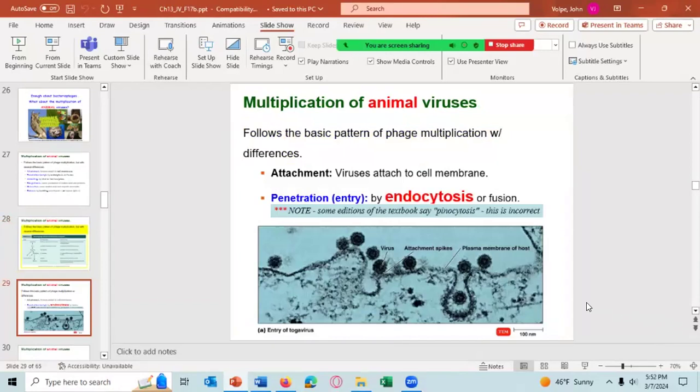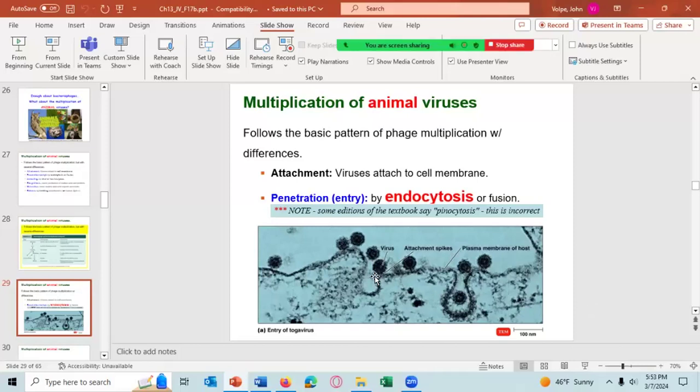All right, attachment of animal viruses has the virus attached to the cell membrane. How the virus can get into the cell or infect the cell is either by endocytosis or by fusion. Now, in earlier versions of the textbook, they didn't say that the virus entered the cell by endocytosis. They said by pinocytosis, and that was actually a mistake. An animal virus enters the host cell it infects either by endocytosis or fusion.